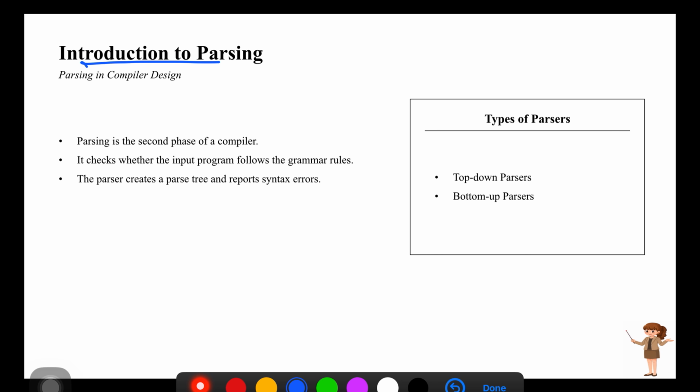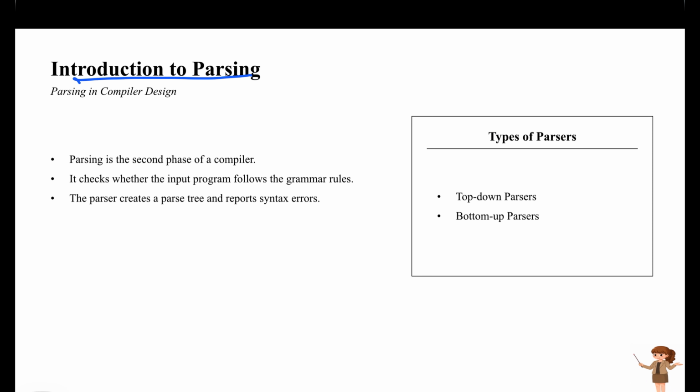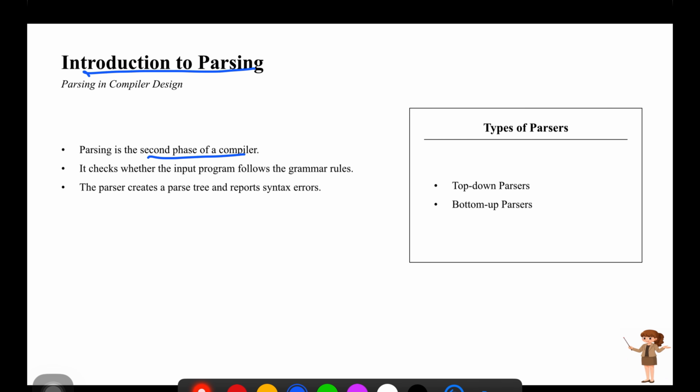Introduction to parsing. Parsing is the second phase of the compiler after lexical analysis. The main purpose of parsing is to check the grammatical structure of the program, identify syntax errors, and generate a parse tree that represents the structure of the program.